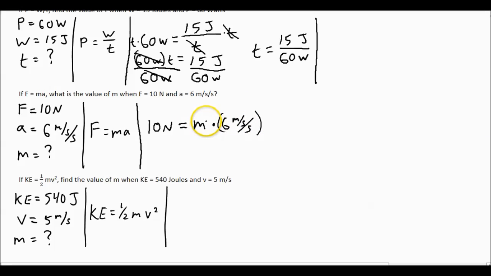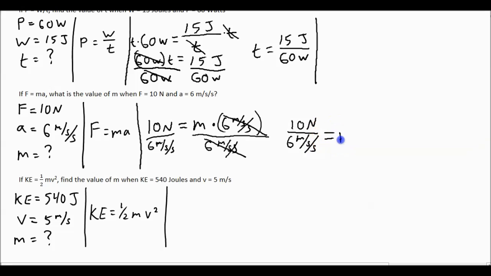Now we have to get mass by itself, so just like before, we're going to divide both sides by 6 meters per second per second. So anything divided by itself is 1, it cancels out, and we find that 10 newtons divided by 6 meters per second is equal to mass. We can divide that and find our final answer.